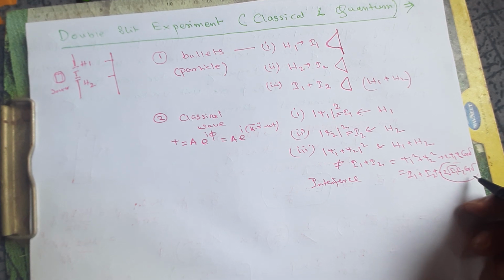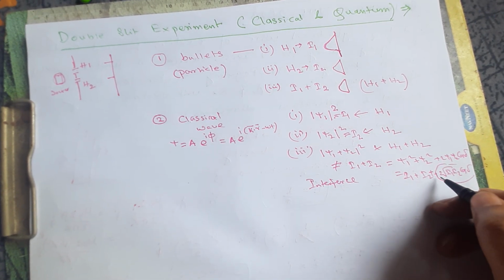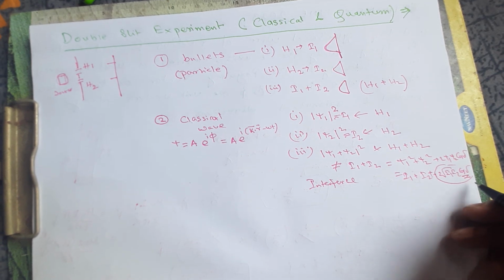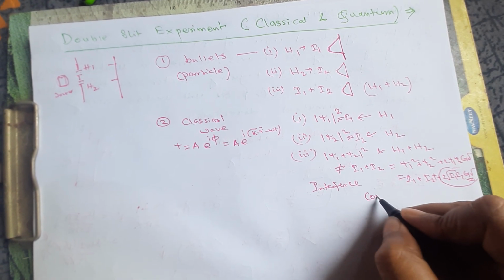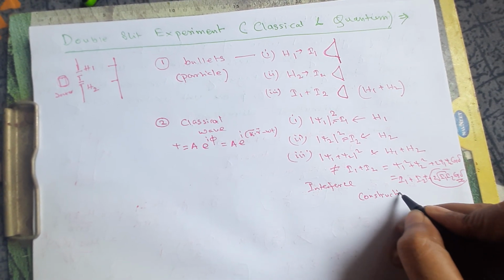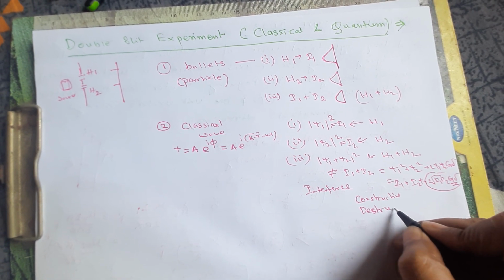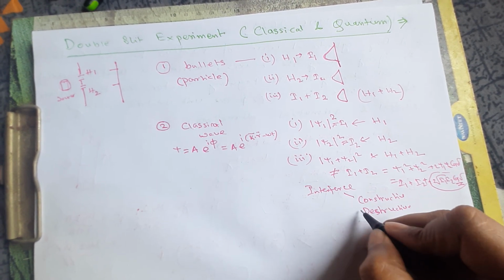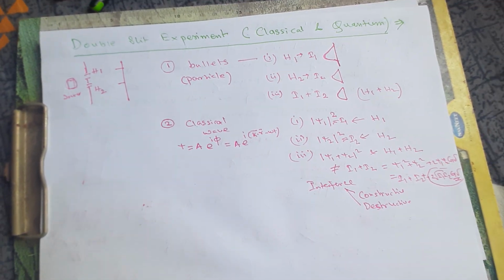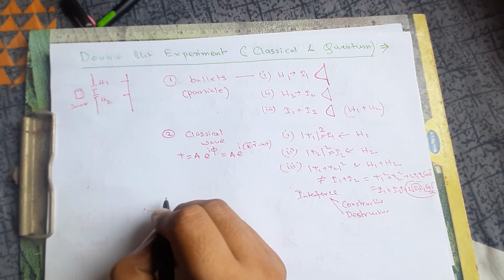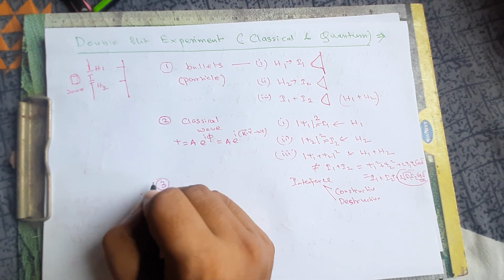This term can be positive or negative depending upon cos delta, and depending upon that we get constructive and destructive interference. So this is clear.